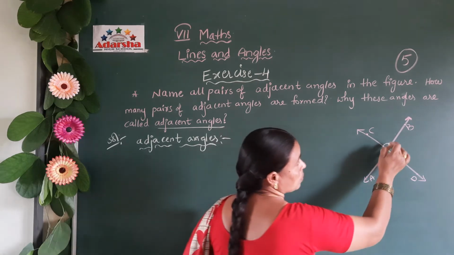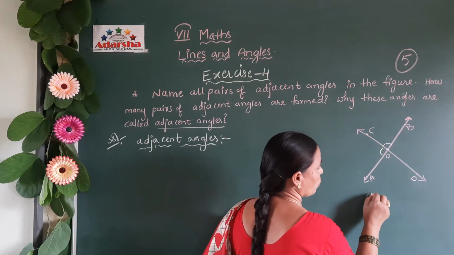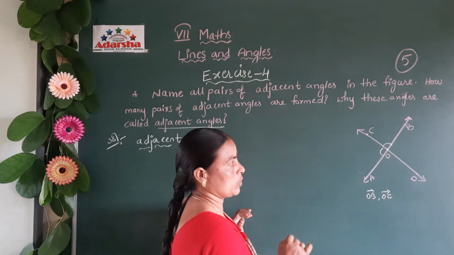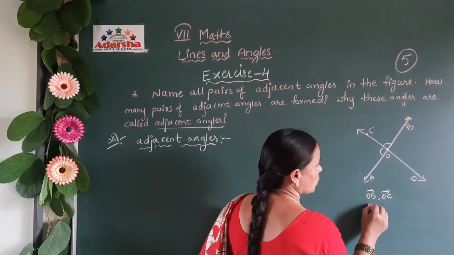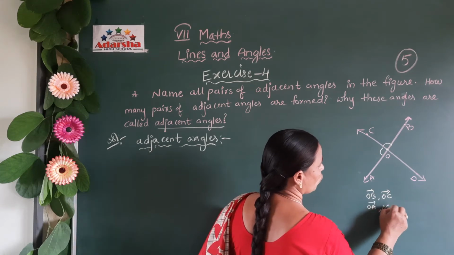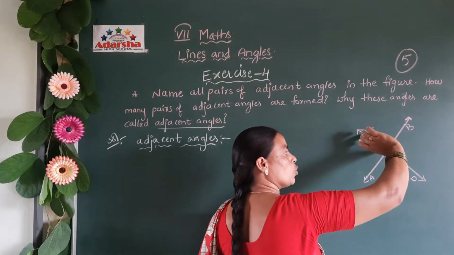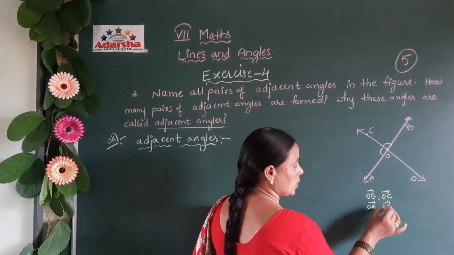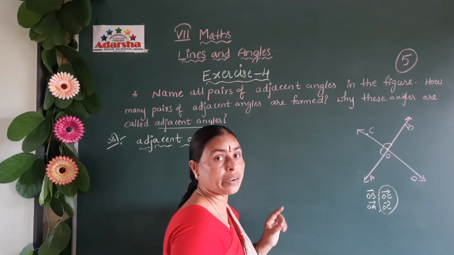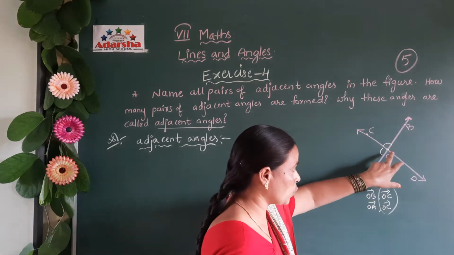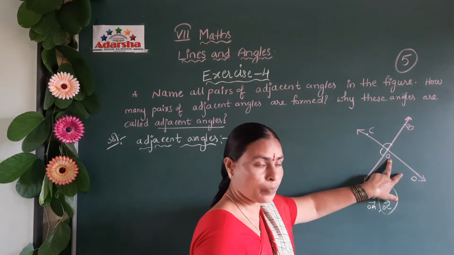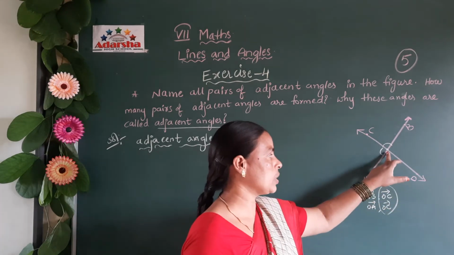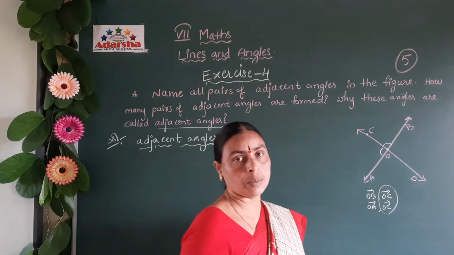What are the arms of the angle BOC? OB and OC. And angle AOC arms are OA and OC. So in these two angles, O is the common vertex and OC is the common arm.